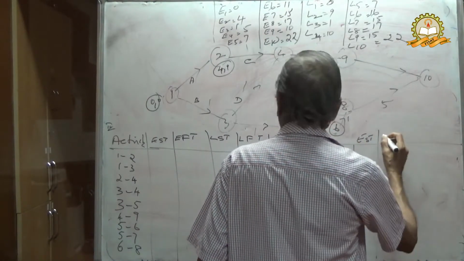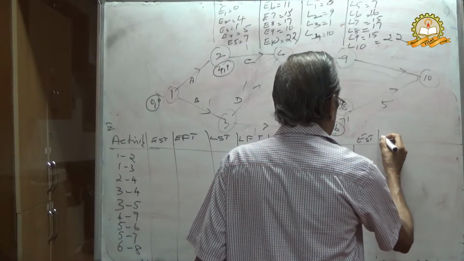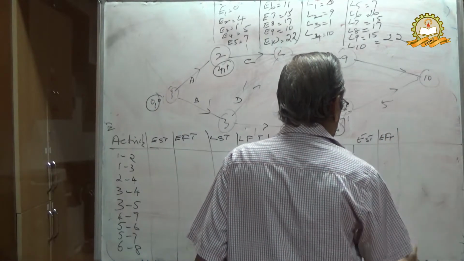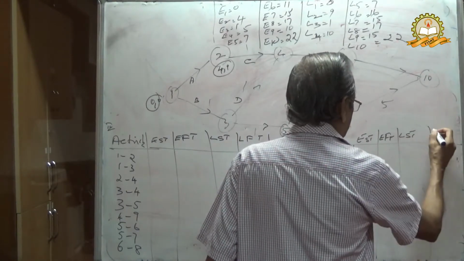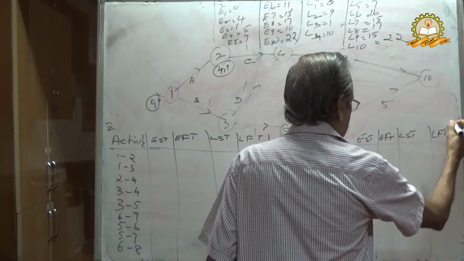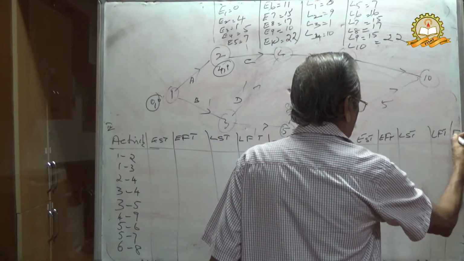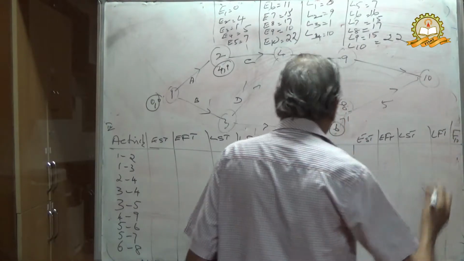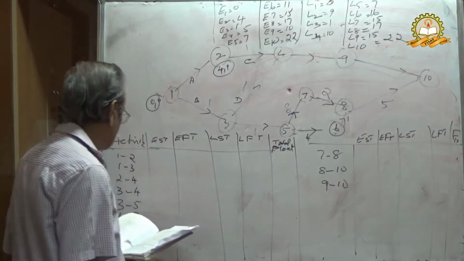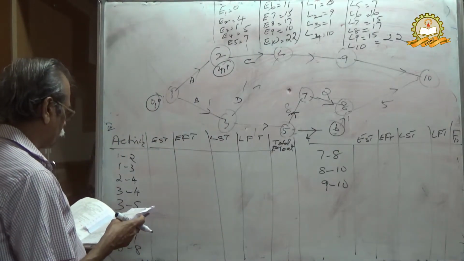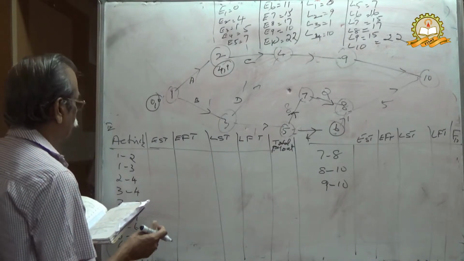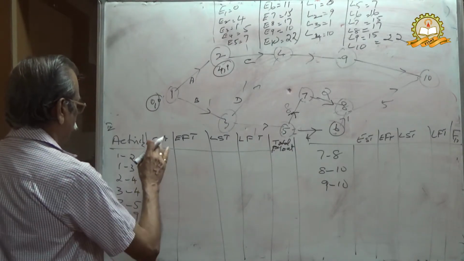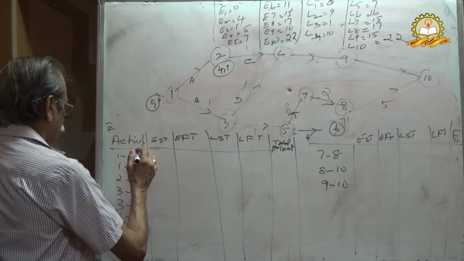EST, EFT, LST, LFT, and last one float. Oh, one more column is there, before that.